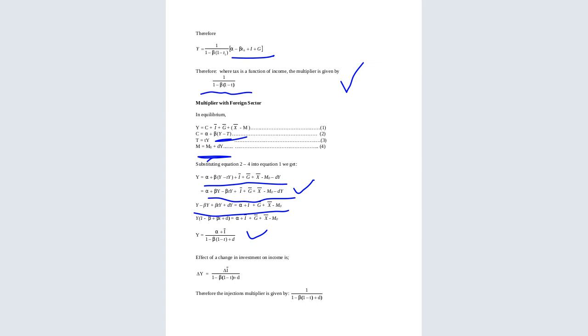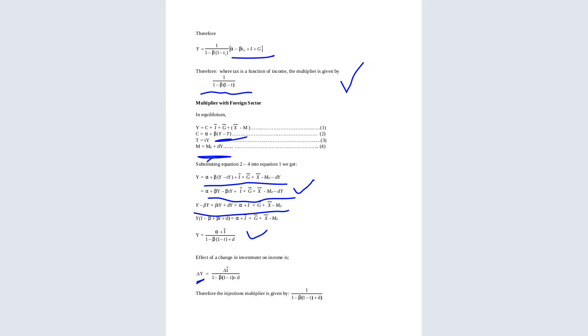You can look at the multiplier that we have now. The change in income as a result of the change in investment will be the change in investment over 1 minus beta into (1 minus t) plus d.